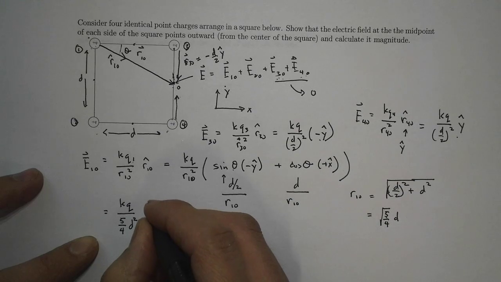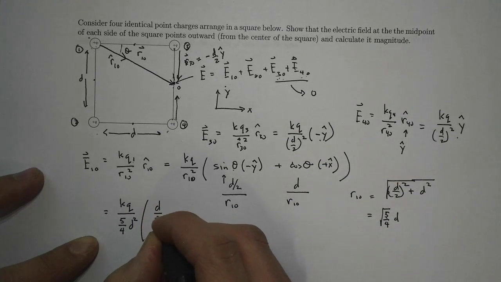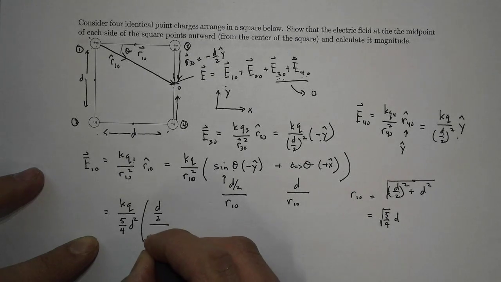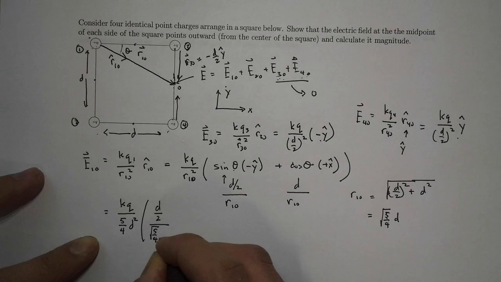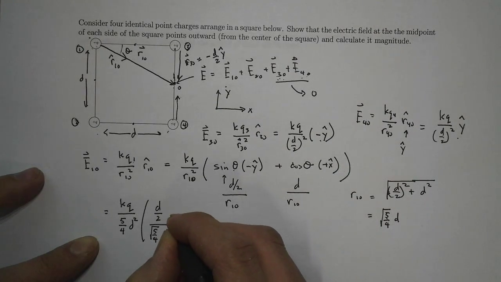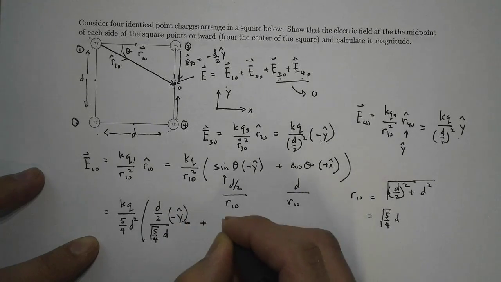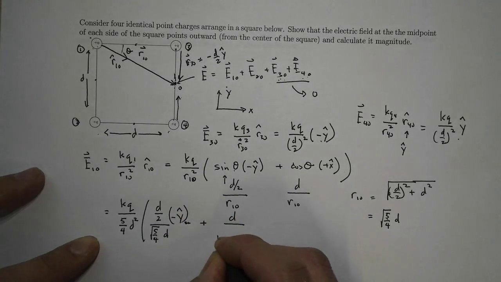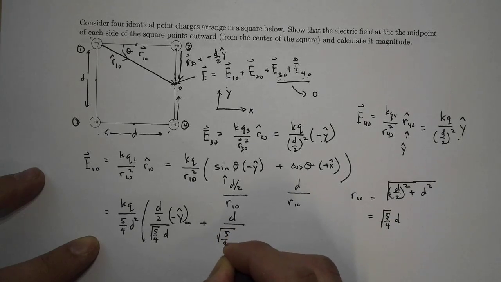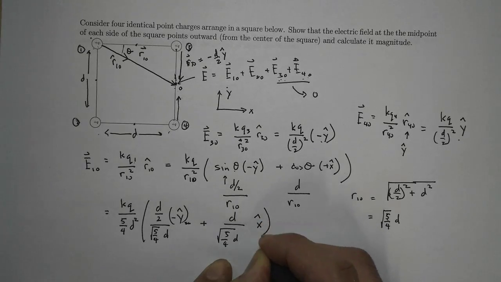And then this is just going to be d over 2 divided by the square root of 5/4 d in the minus y hat direction, plus d over the square root of 5/4 d in the x hat direction.